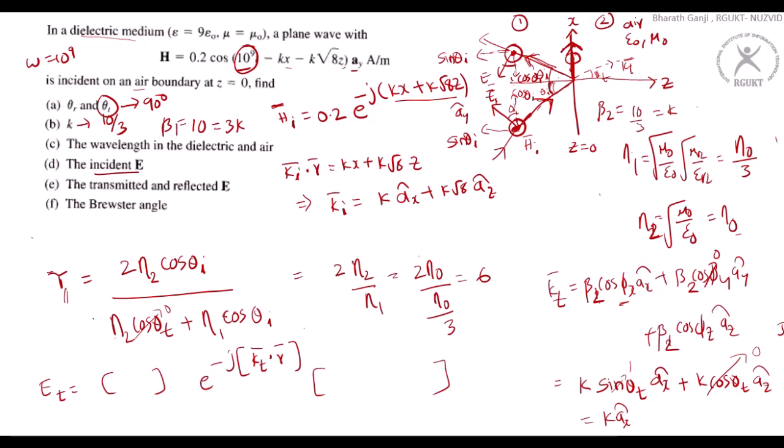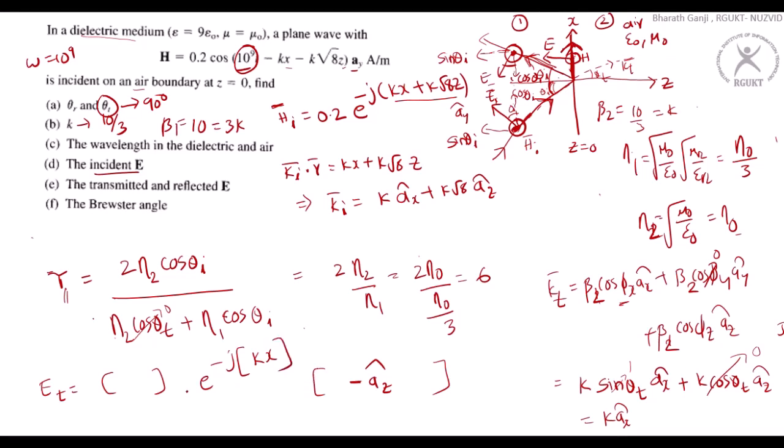If the magnetic field is coming out of the board and E is in this direction, E cross H will not give you the wave direction, so your electric field should be pointing in this opposite direction, in the negative z direction. So I have the component minus az cap, and kt bar dot r bar is, because kt bar is simply kx, k times x.